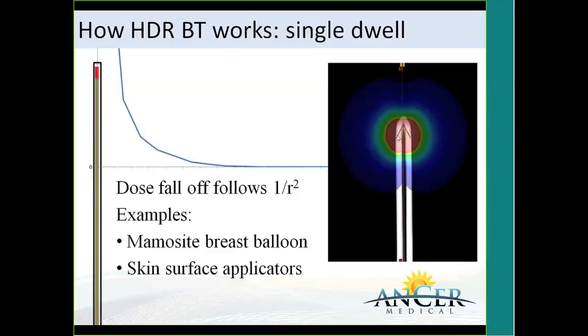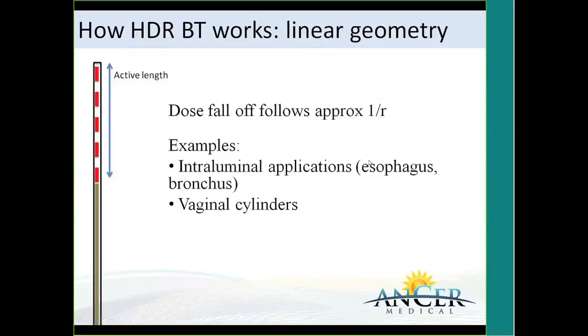So moving on, you can add dwell positions. So you can have the source programmed to stop at different locations along the catheter. When you have this type of geometry, you have an aggregate, a superposition of all those doses from a single source, and the fall-off then becomes roughly 1 over r when you're close to the applicator.